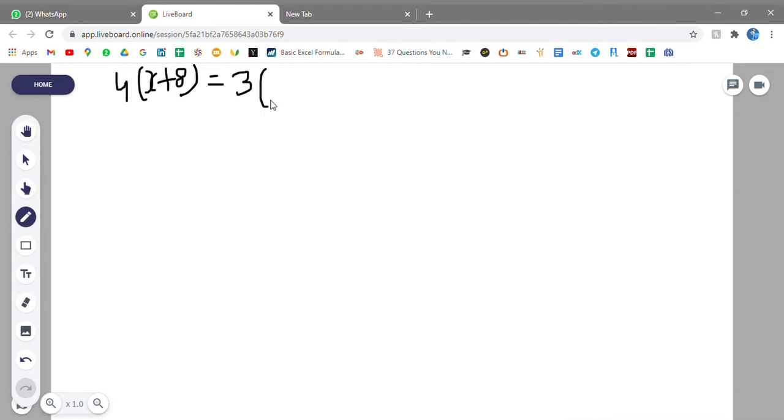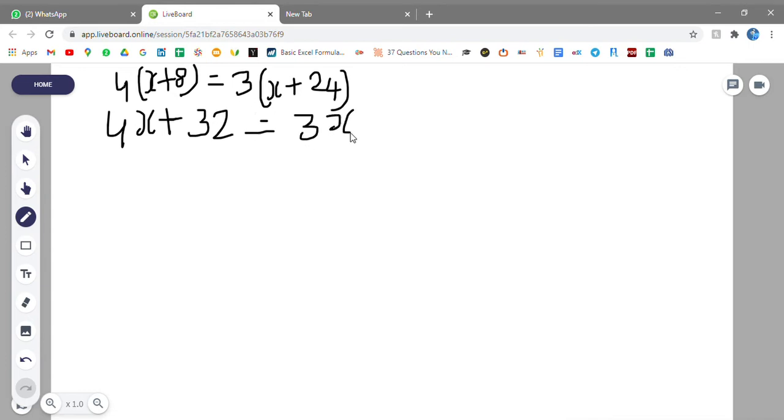This is going to be our equation. Now let us solve this. So 4 into x is 4x plus 4 8s are 32 is equal to 3 into x is 3x and 3 into 24 is 72.